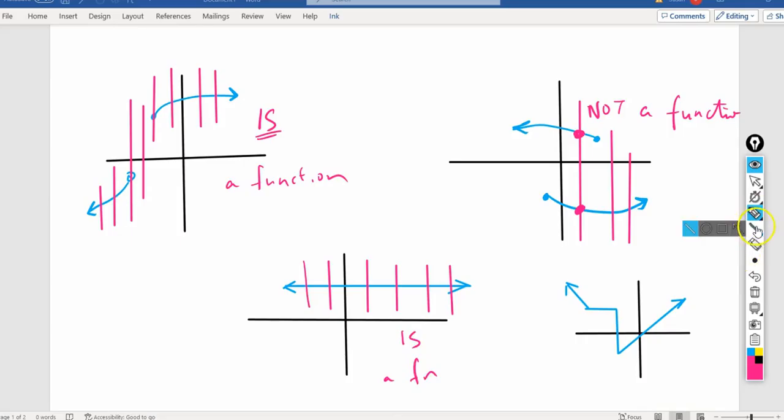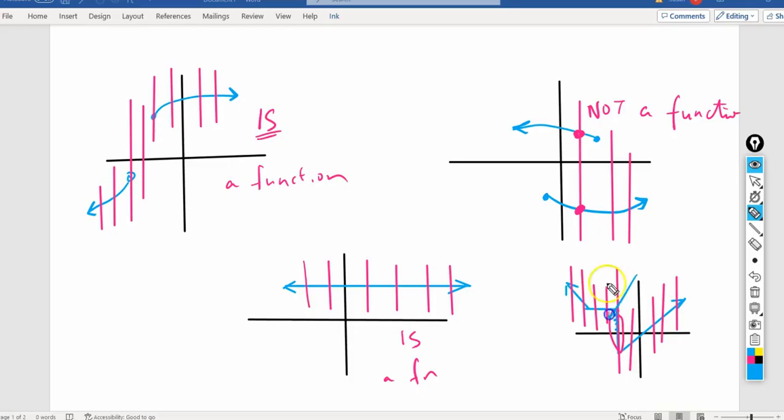And this only hits it once, but what happens here? Infinitely many points. So between this part of the graph and that part of the graph, you've got infinitely many points here on this blue line segment.